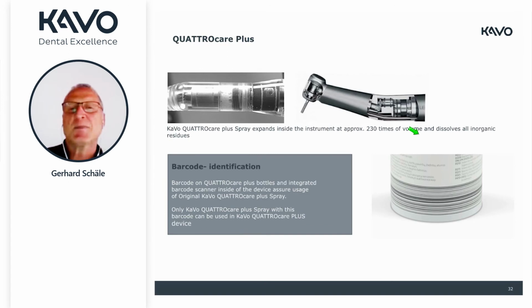If there is a third-party bottle which does not have this barcode, the machine will not start. This is the important point. As I said, we want to make sure that only proven and tested oil, that means the original KaVo oil, will be used in our system.